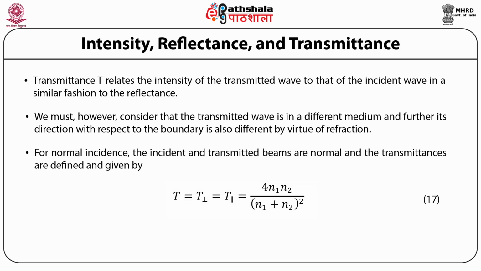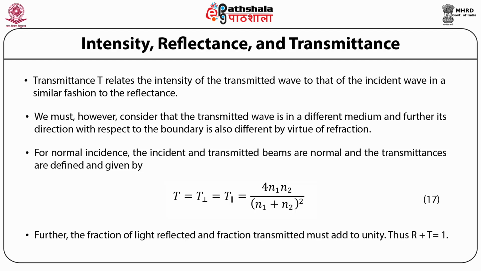For normal incidence, the incident and transmitted beams are normal and the transmittances are defined and given by T is equal to T perpendicular is equal to T parallel is equal to 4 n1 n2 divided by n1 plus n2 whole square. Further, the fraction of light reflected and fraction transmitted must add to unity. Thus, R plus T is equal to 1.